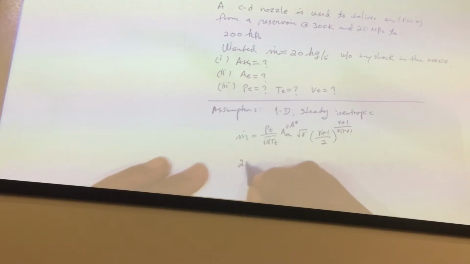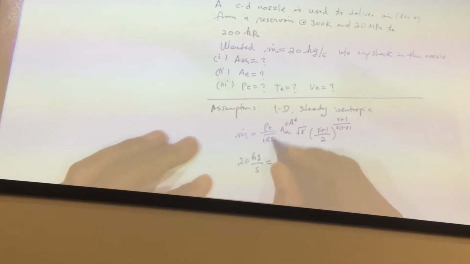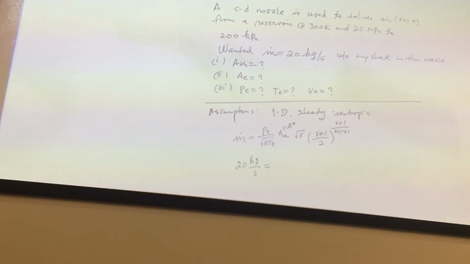So here you have 20 kilograms per second. I would encourage you to put in all the units, because if you cannot cancel out all the units to give you this, you know something is wrong. We as engineers, units are important because that's the first check whether you are putting in all the right parameters or not. Okay, so your PT is 20 megapascal.